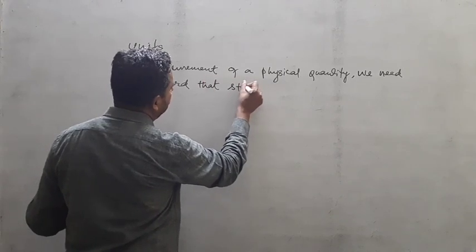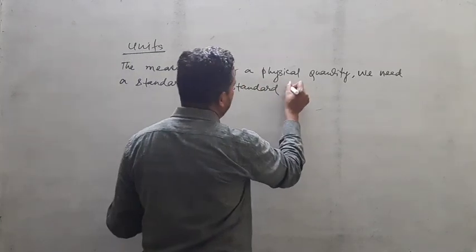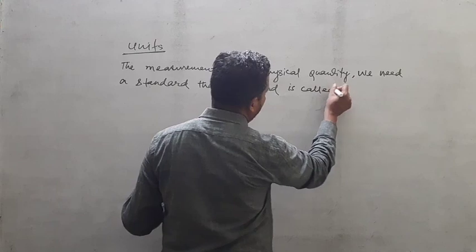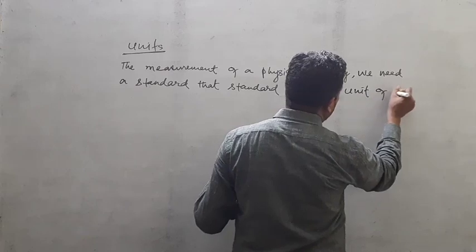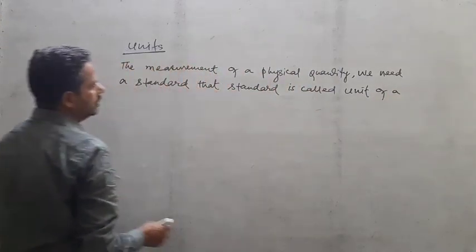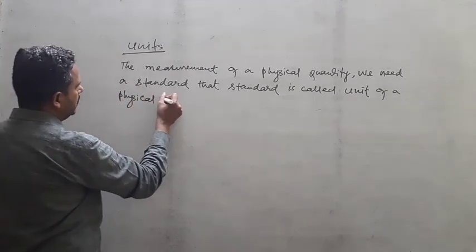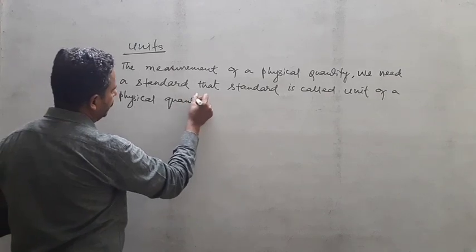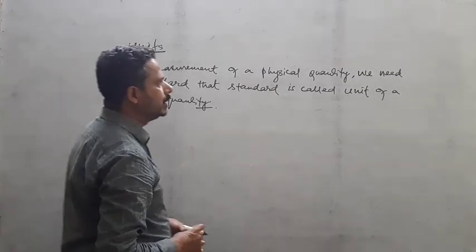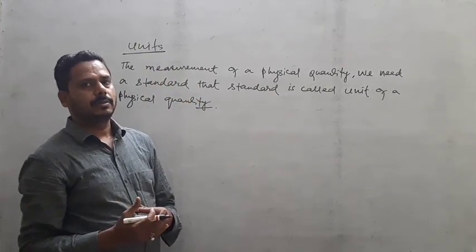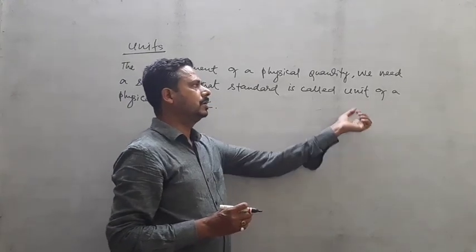That standard is called the unit of a physical quantity. So to measure any physical quantity, you need a standard, and that standard is called a unit.